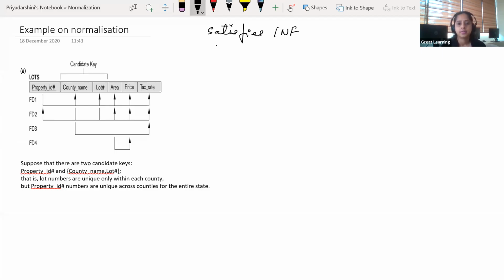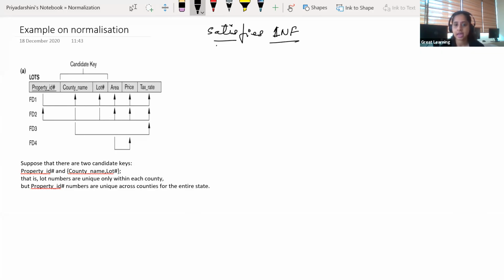Satisfies 1NF. Done. Don't give me any message here because I'm not able to see anything. Currently, I'll not be seeing.